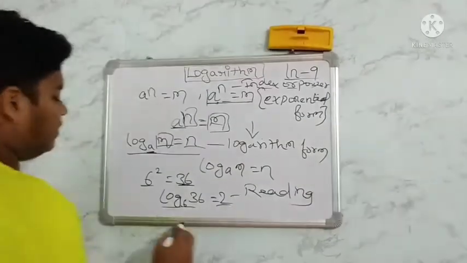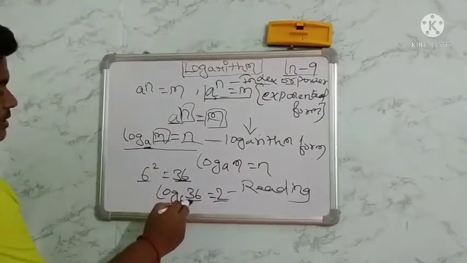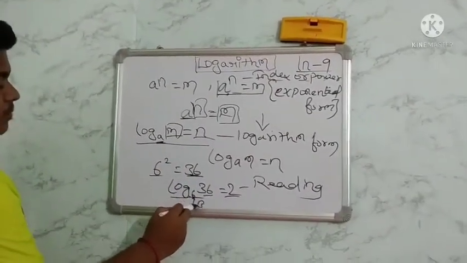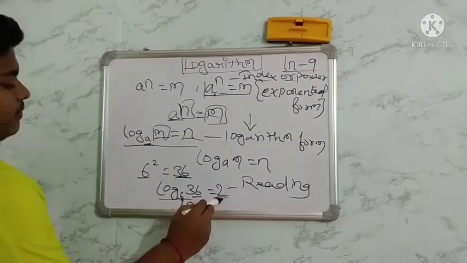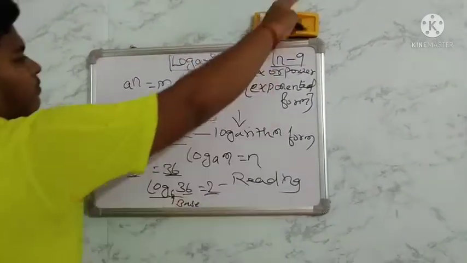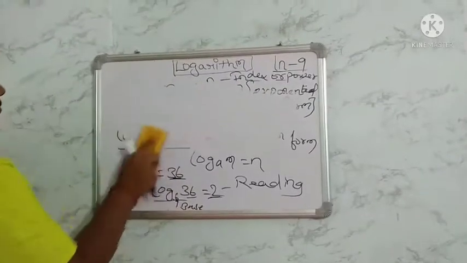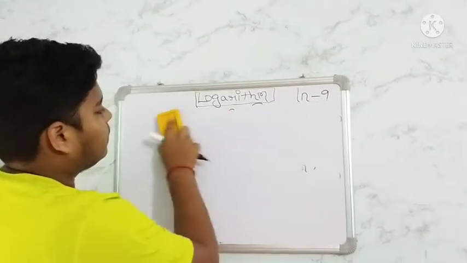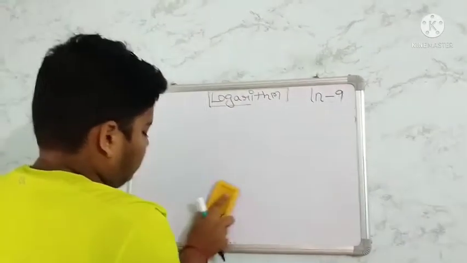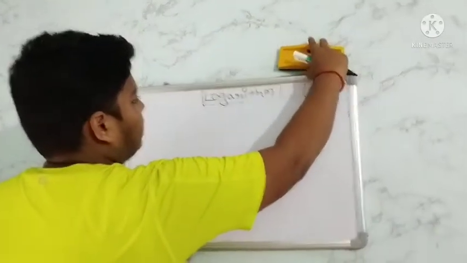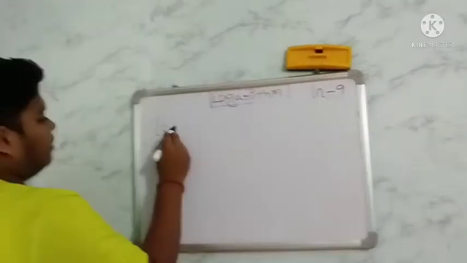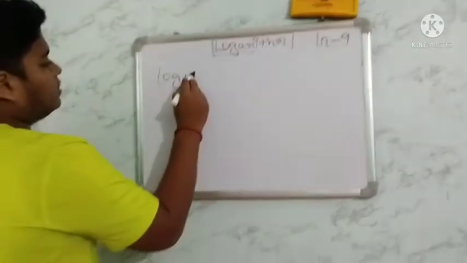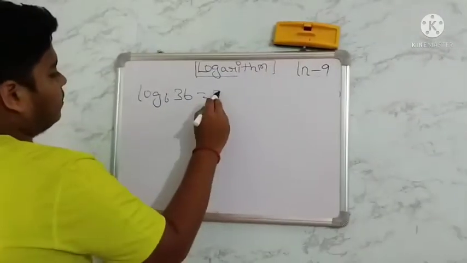Reading is important. Log of 36 with base 6 is equal to 2. This is how we convert it into logarithm form.